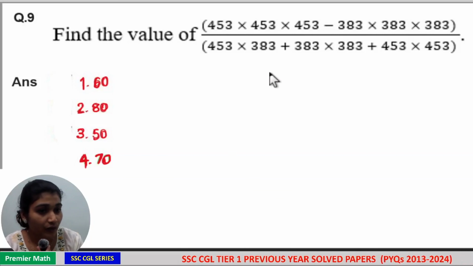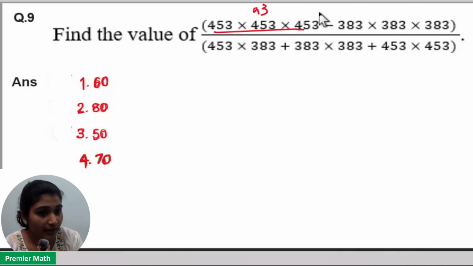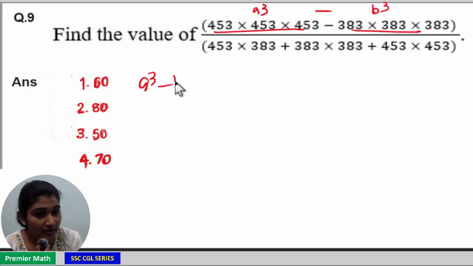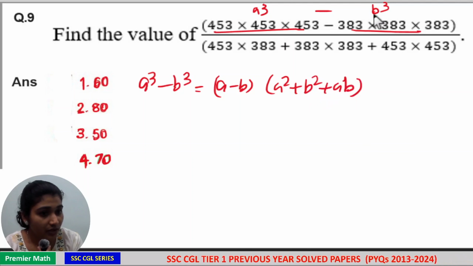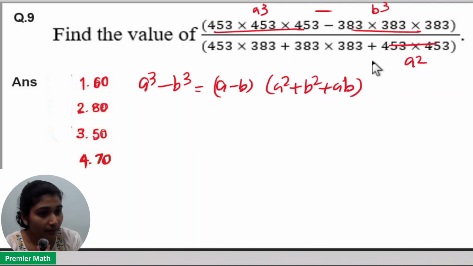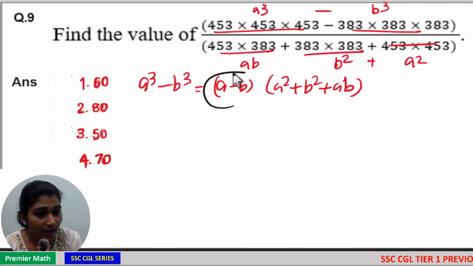Find the value of the following. Here this is in the form of a cube minus b cube. A cube minus b cube formula is equal to a minus b into a square plus b square plus ab. Here a cube minus b cube divided by a square plus b square plus ab. Missing term is equal to a minus b.